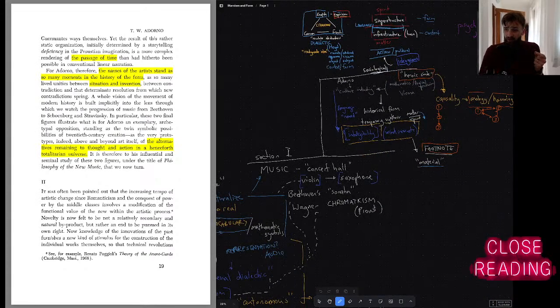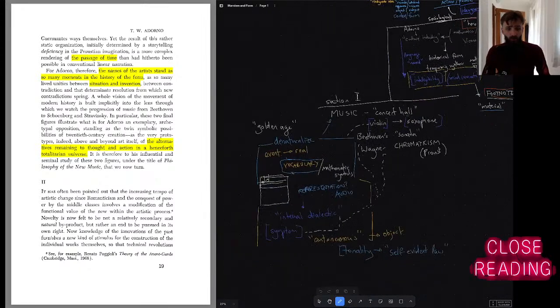So in this chapter 1, we've started looking at Jameson's reading of Adorno. And Adorno is interested in what Adorno calls the culture industry and a critique of the culture industry. And in particular, Adorno is interested in music, or at least Jameson is interested in Adorno's interest in music.